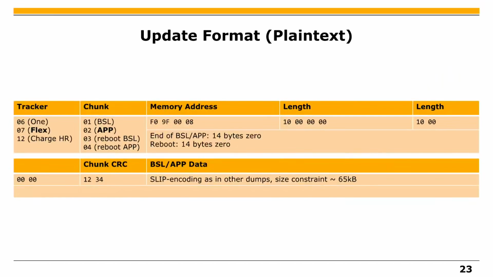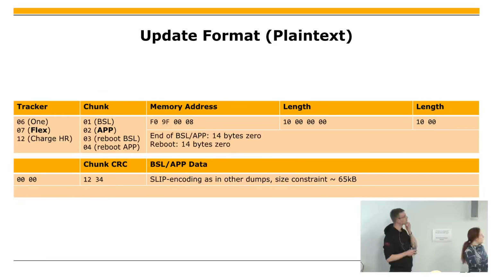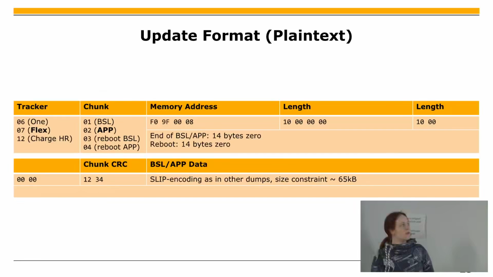Okay, so the update format. It's a bit complicated. First, you have the tracker ID, but only the first byte, which means you cannot flash something like a Fitbit 1 firmware onto a Fitbit Flex or something, at least not if it's not on purpose. And then you select if it's the BSL or the app, or if you want to reboot into app or BSL.